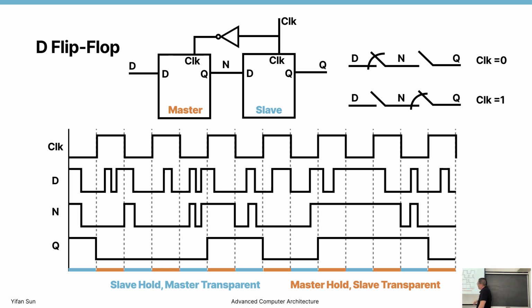On the other side, from N to Q, we can see it also has a transparent period and a holding period. The transparent period is this time, this time, this time, this time. Then you start to notice this feature that this is a perfect square wave.